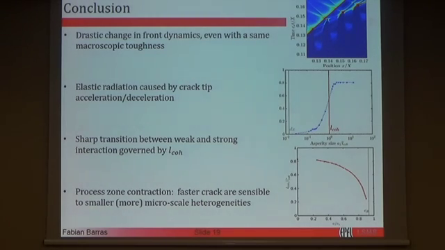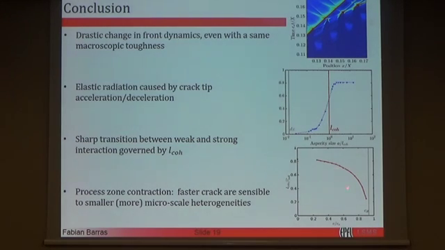And one of the signatures of this process is that you have bursts of slip velocity observed at the interface. So then the question we ask is, since every material is composed of heterogeneities at different scales, what is the scale controlling whether I have a homogeneous case and can ignore these asperities, or whether they are playing a role?